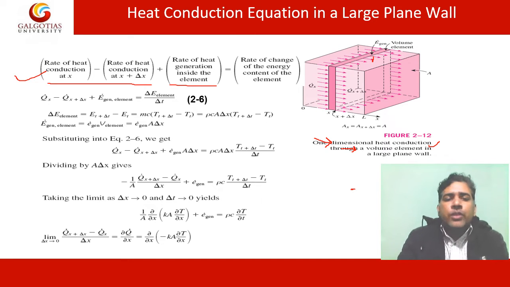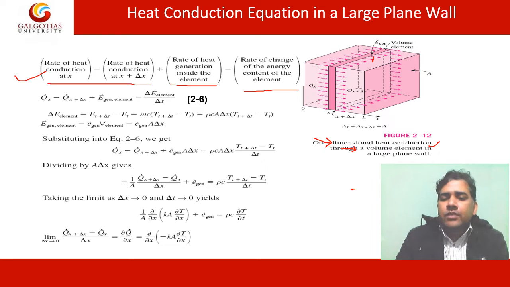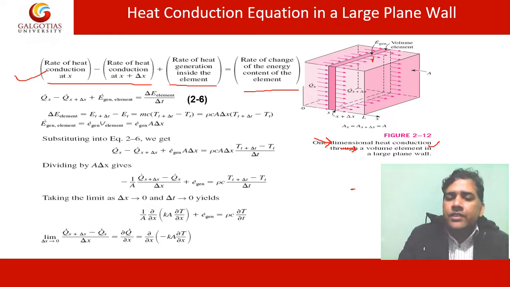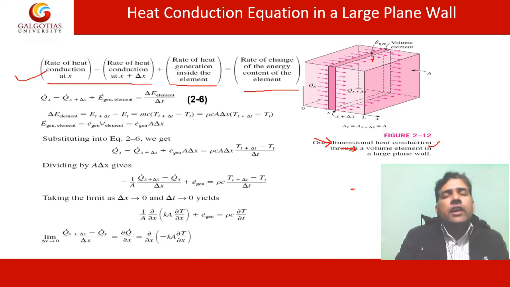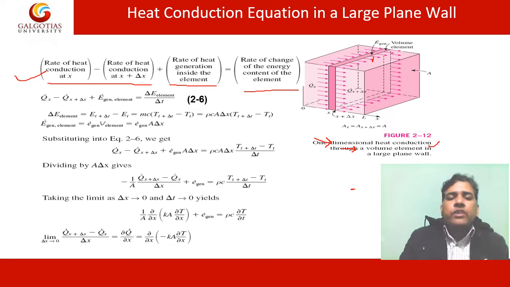Okay, so if we add these two heats, we will get the total change in the energy content of the system. Since the energy content is continuously changing, heat is continuously being transferred, and heat is continuously being generated, we are writing all these things in terms of rate, with respect to time.